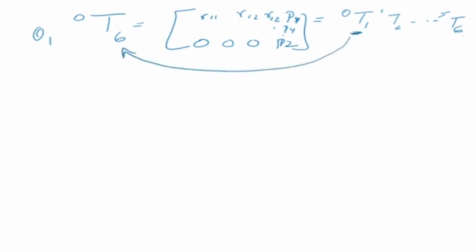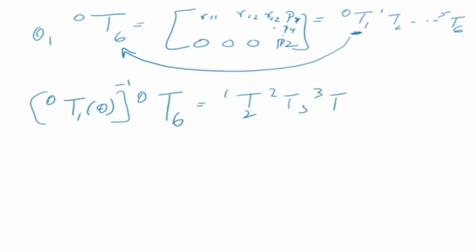So I'm doing T0 to 1, which contains theta 1, inverse, multiplying this with T0 to 6. And what will be left on the right side is T1 to 2, 2 to 3, 3 to 4, 4 to 5, and 5 to 6. So basically from the right hand side, I'm removing theta 1 and bringing it to the left side. So the variables here are theta 2 to theta 6. Theta 1 has gone to this side now.